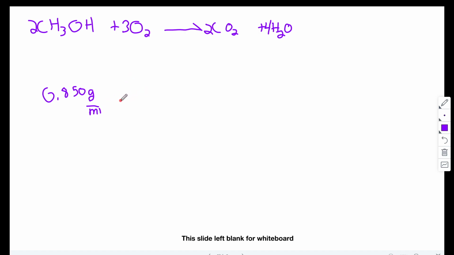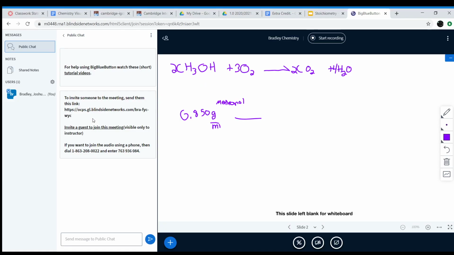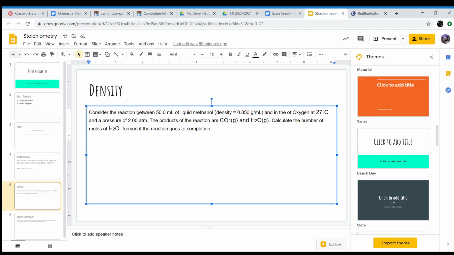And we wanted to figure out, and we'll put methanol right here. Don't just leave it as meth, otherwise, another teacher might be confused and question chemistry again. Okay, so here it's in grams per milliliter. It'd be nice if we can get rid of that milliliter. Okay, and remember, in our problem here, it says that we have 50 milliliters, so that's convenient.